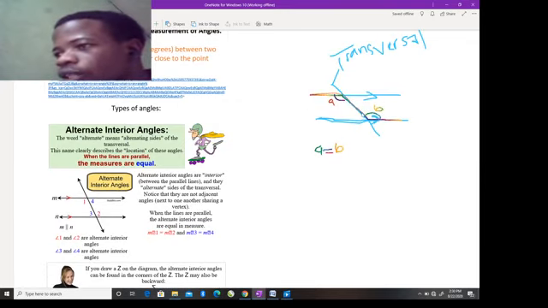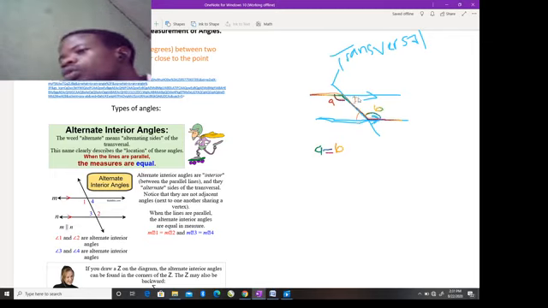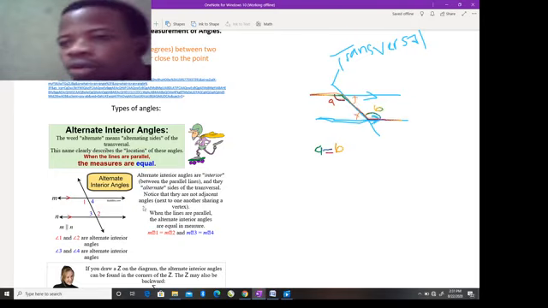This is the corner they are talking about. This corner is equal to this corner, so this angle is alternate to this. This other corner is equal to this corner, so this angle is alternate to this, and they are equal. So alternate angles are equal.